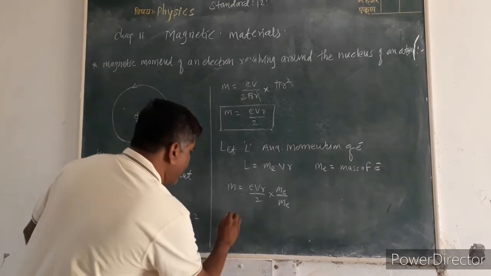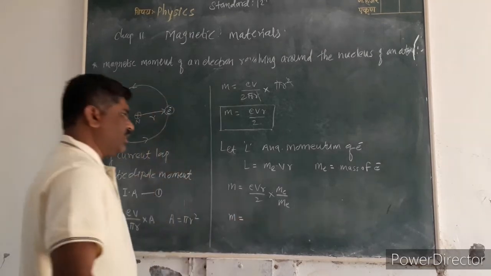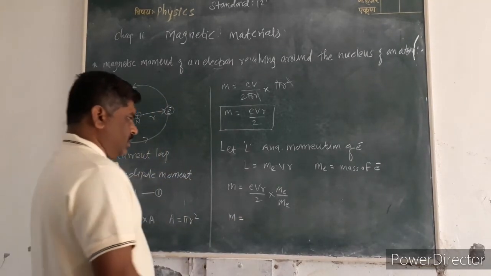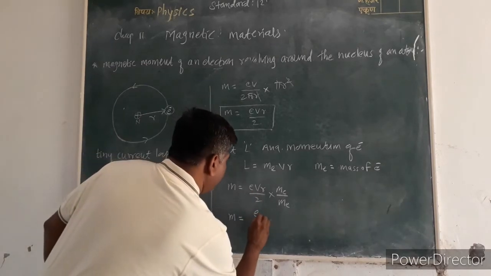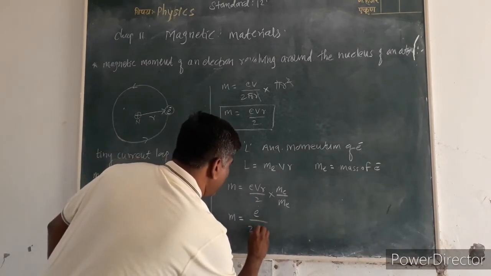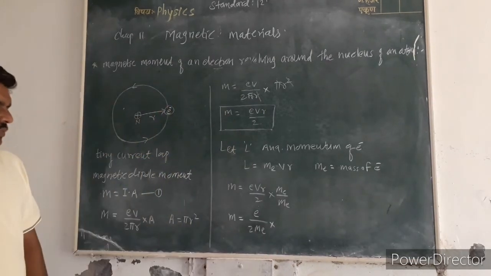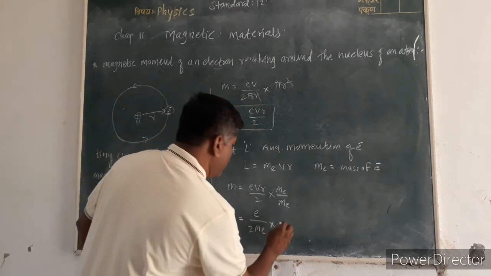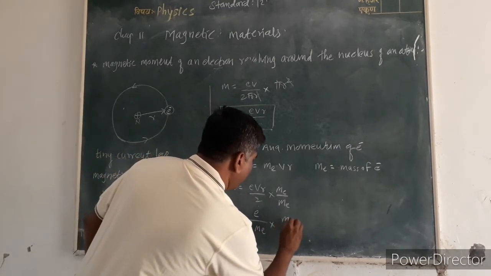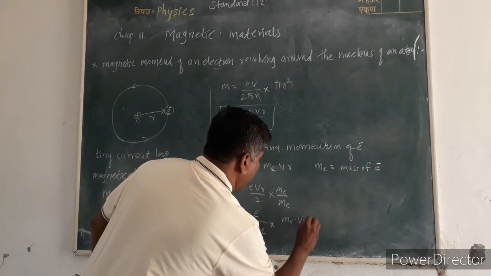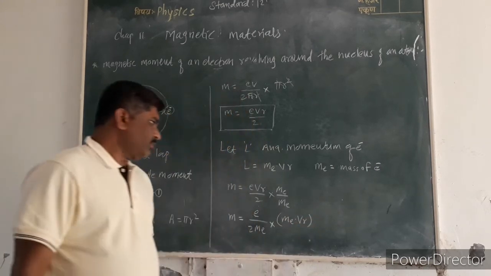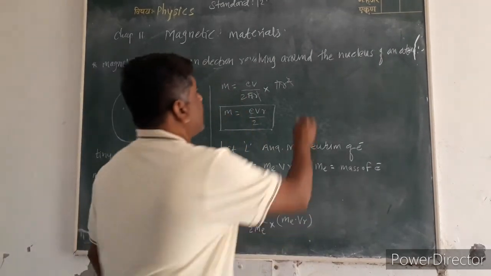Therefore, M is equal to e upon 2 m_e into m_e v r.